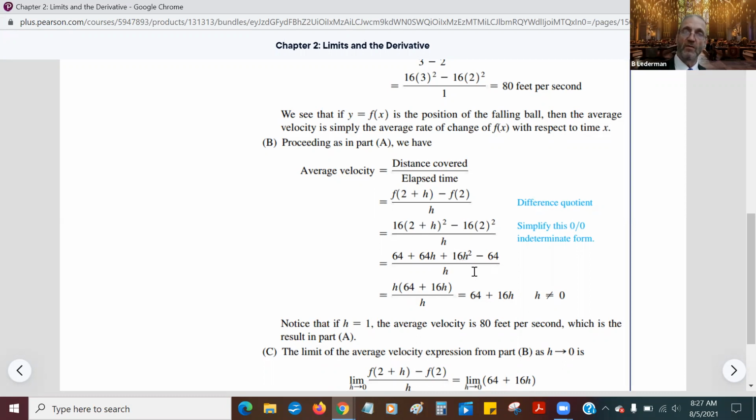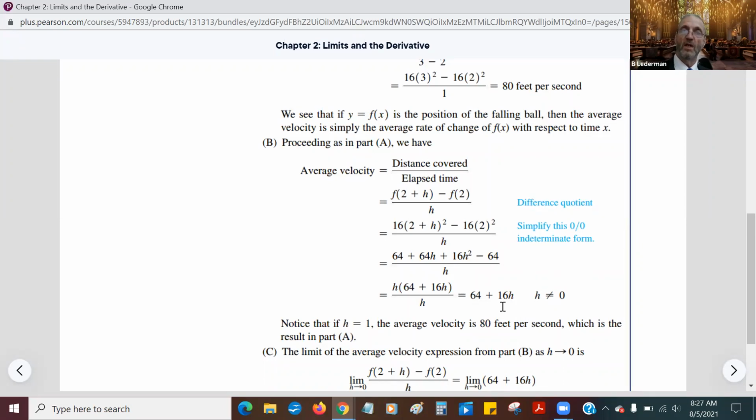And then I'm subtracting the 64. So 64 minus 64 cancels. Once I do that, I have 64h plus 16h squared. I can factor out an h, and notice that the factored out h cancels with the h down there. So my average velocity is going to be 64 plus 16h.